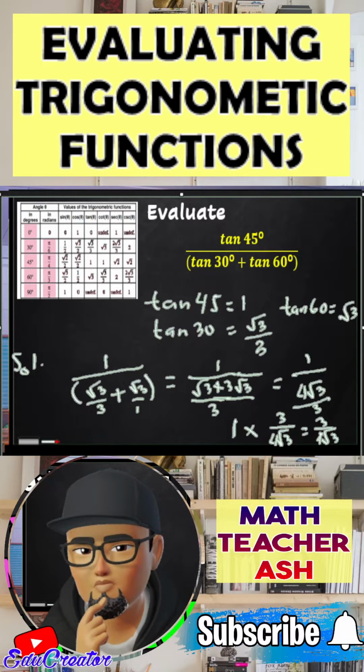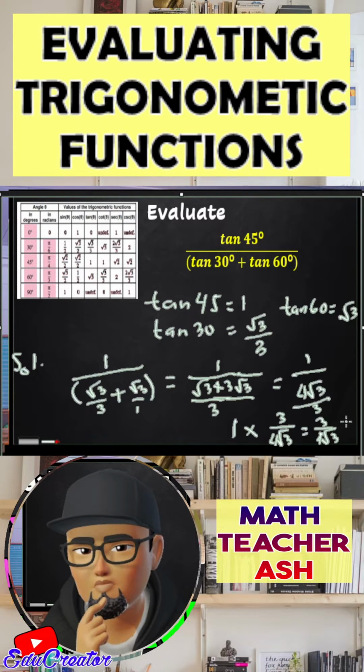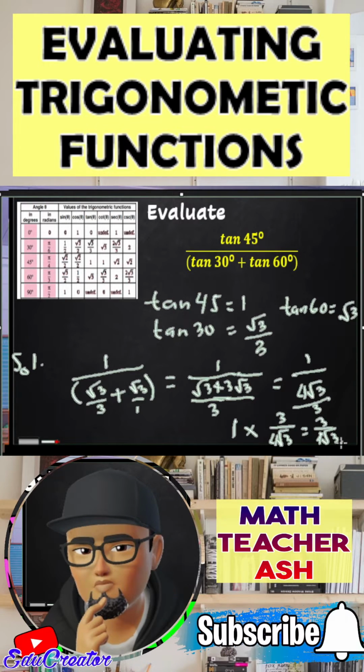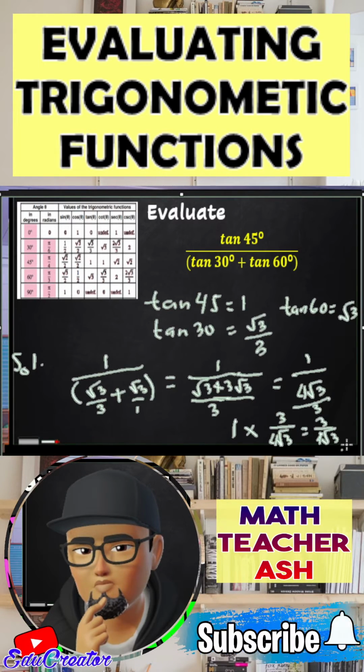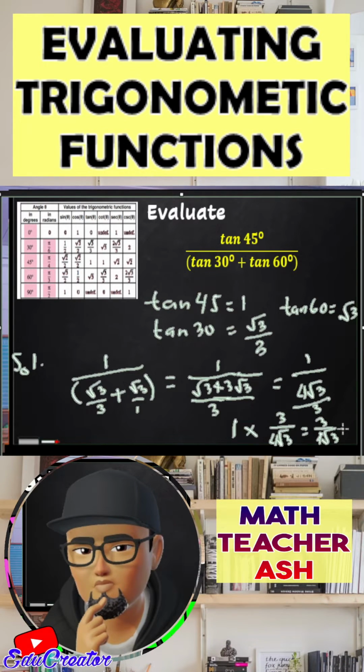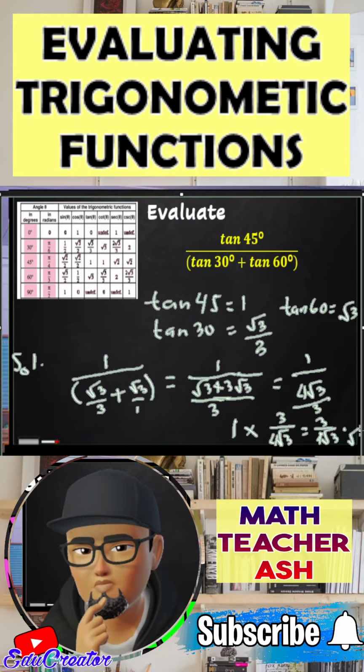Sad to say, it is still not finished because it is prohibited for us to have a final answer with a radical sign in the denominator side. So we need to rationalize this one. How do we rationalize? We multiply it by square root of 3, and then here in the numerator, we also multiply square root of 3.